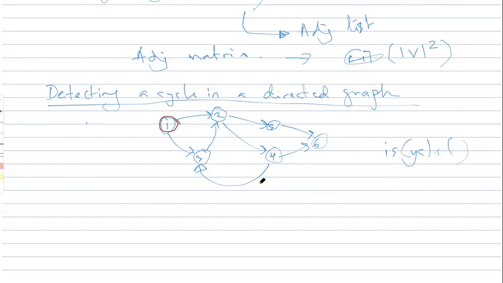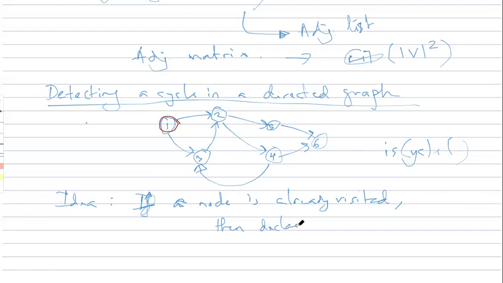One idea: if none of the adjacent vertices have been visited, then you go on to the first one in the linked list. Very good. So if a node is already visited, we are maintaining the visited flag, so I can easily see that I'm about to visit an already visited node. Then declare a cycle, right?